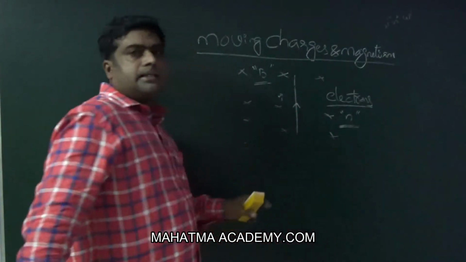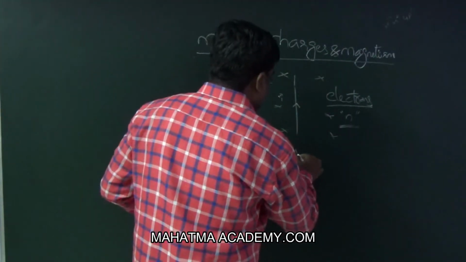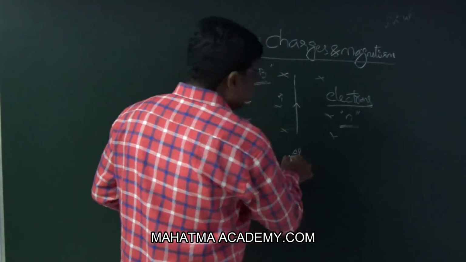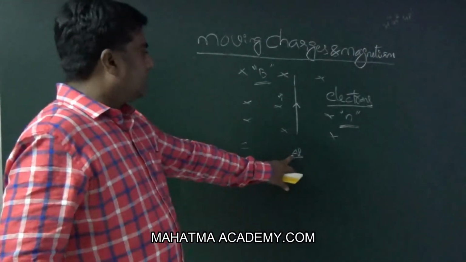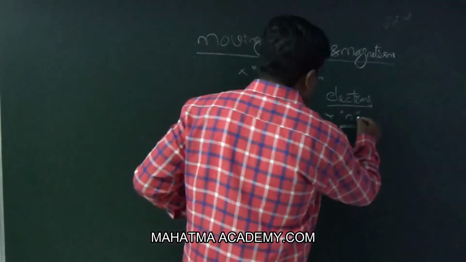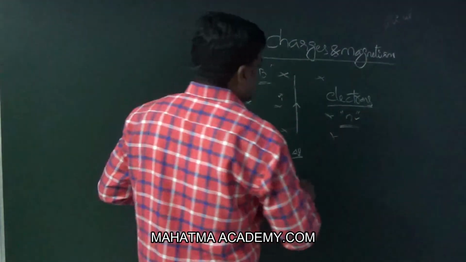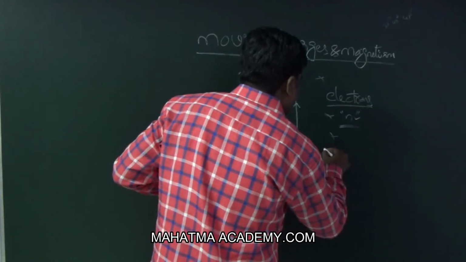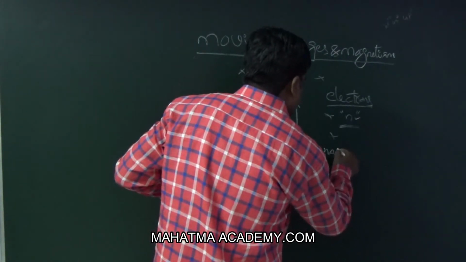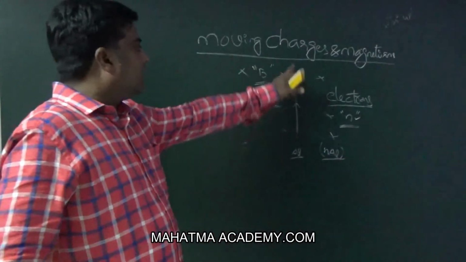The volume of the conductor is AL. Current is I, electron density is n. So the total number of electrons in the conductor is nAL. This is the total number of electrons flowing in the conductor.